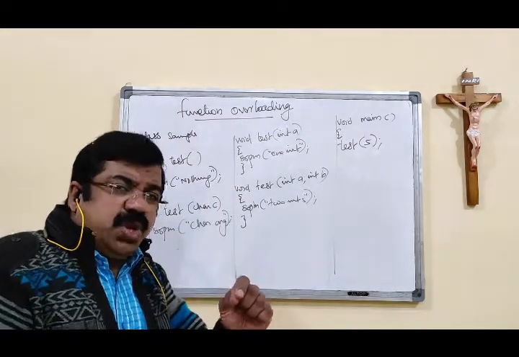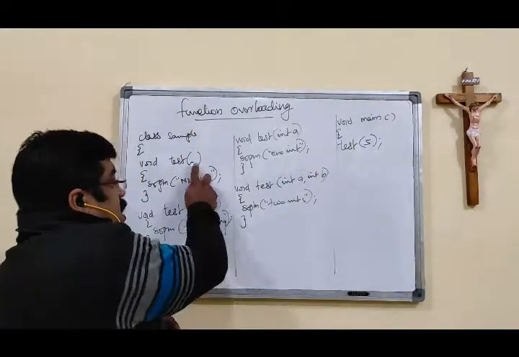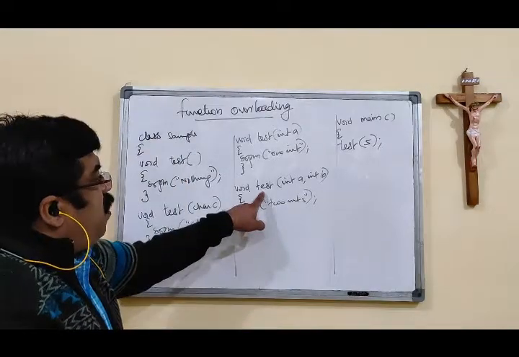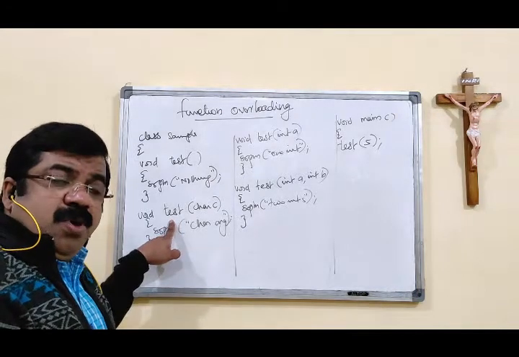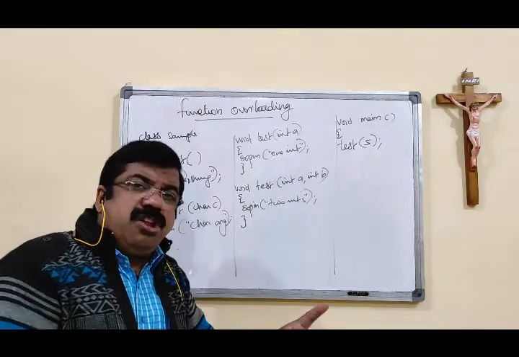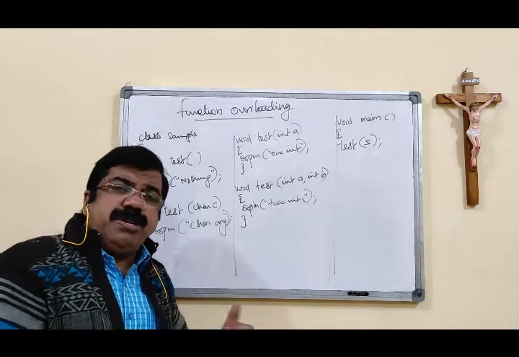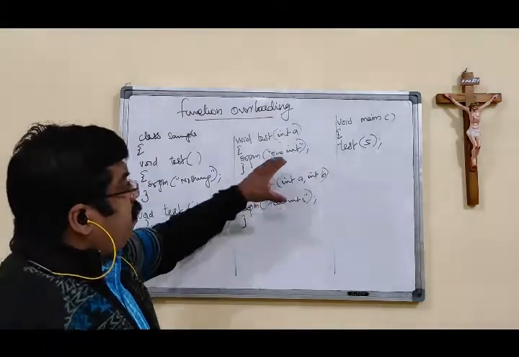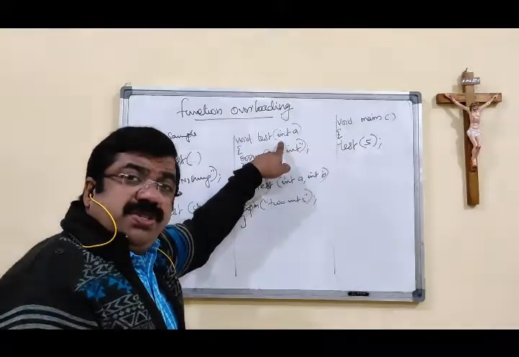So here we can say function overloading is possible when the signature is different and the names of the functions are the same. The signature is different means in the number of arguments, the data type of the arguments as well as the order of arguments. Now the 5 is matching appropriately with this.